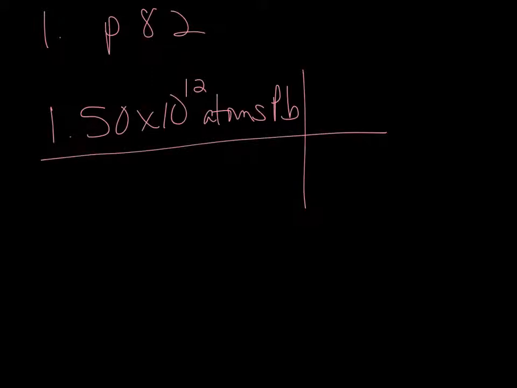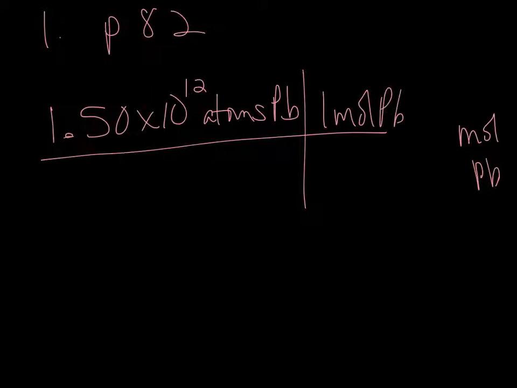And so we are trying to find moles. So I'm going to write what I'm trying to find over here: moles of lead, and I'm given 1.5 times 10 to the 12th atoms of lead. So how many atoms in 1 mole of lead?